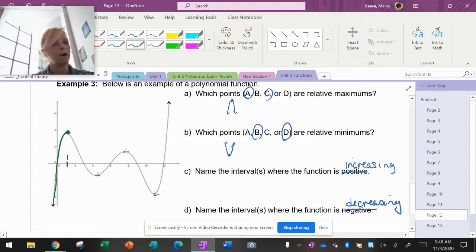So from wherever in negative infinity world to where x, remember you don't talk about it in terms of y's, you talk about it in terms of x's, to 1, it is increasing, okay? Then it goes down the hill, and then where does it go back up? It goes back up when it goes from that min to that max, okay?